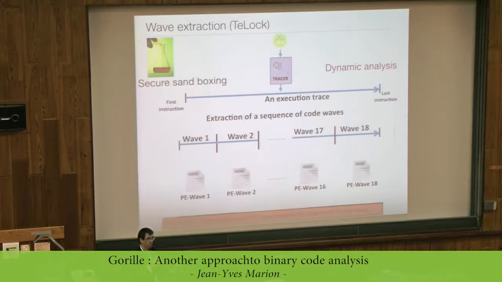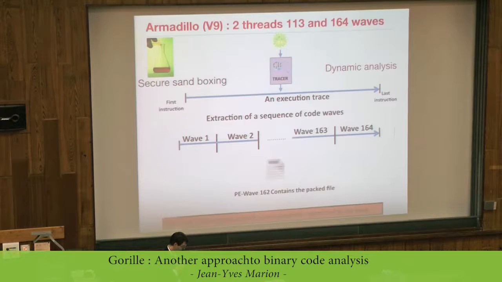Then, for example, if we see that there are 18 waves, in this case we are going to take 18 snapshots of the memory just to disassemble all these 18 snapshots. Of course, this is the easy case when there are 18 waves.